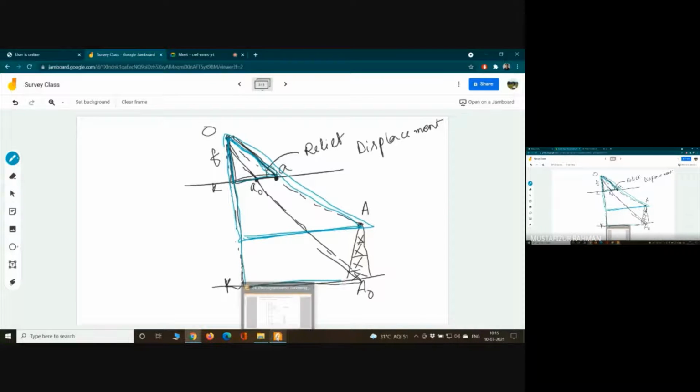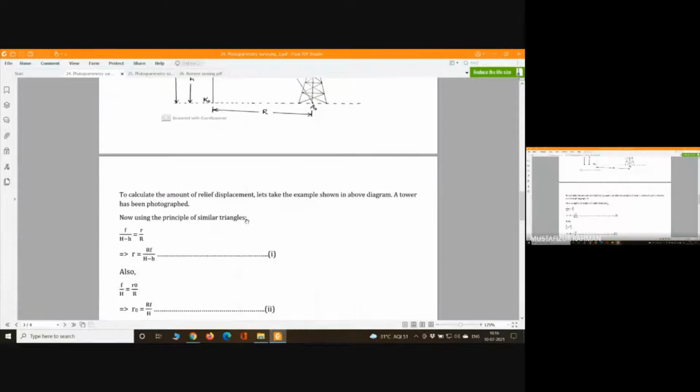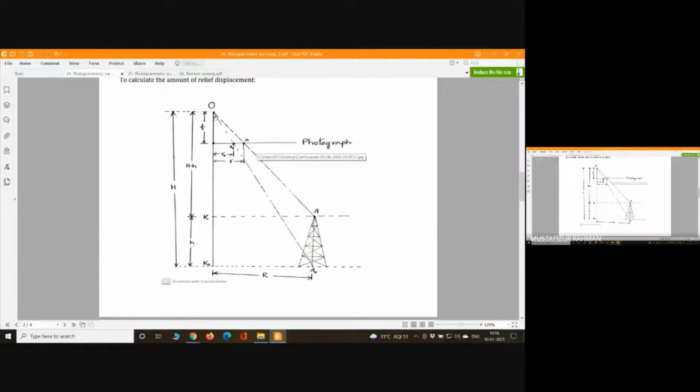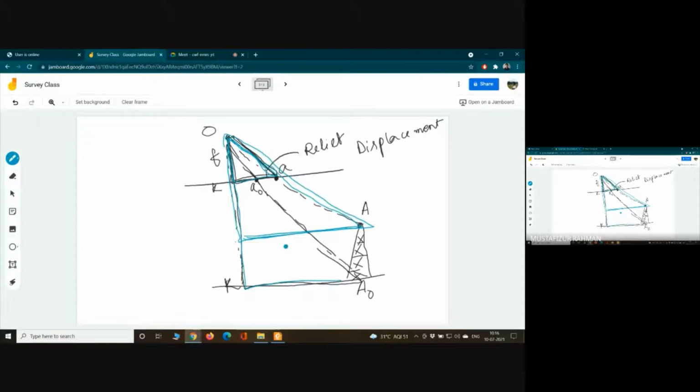So if we go back here, so what we are doing, here we have f divided by capital H minus small h, this value, right? And we are saying these are r and r naught. Let's go back here. So let's say if this distance is r, then this distance and this distance here are the same, right?